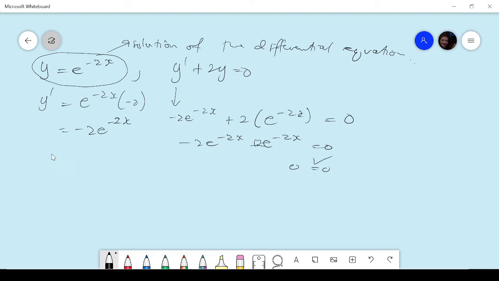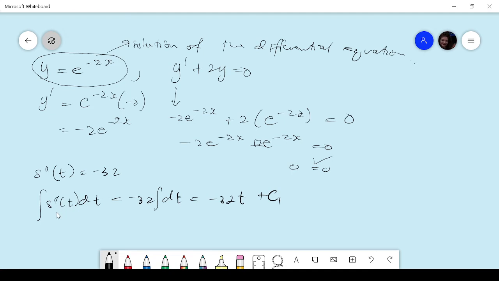For example, we have s double prime of t equals negative 32. So when you integrate this one, dt, you'll have the integral of negative 32 dt, which is equal to negative 32t plus c. So let's say that is c1.